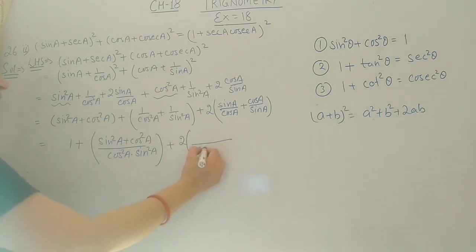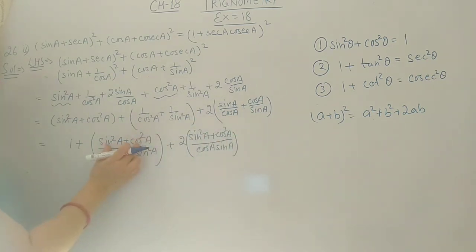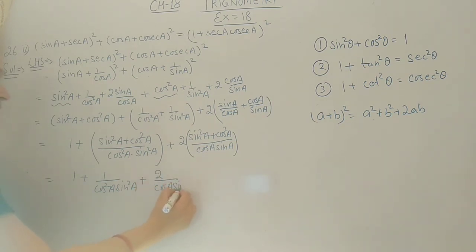LCM will be cos A sin A, and here we will get sin square A plus cos square A. Now this one also will become 1 and this one also will become 1. So we have 1 plus 1 by cos square A sin square A plus 2 by cos A sin A.